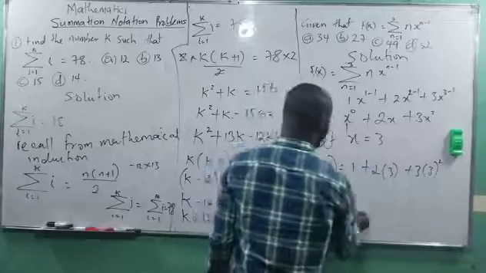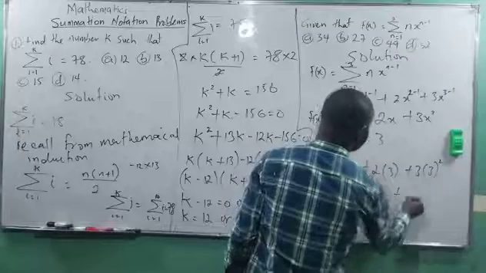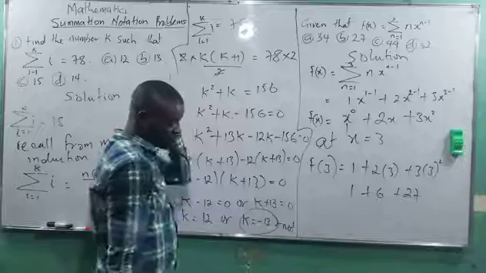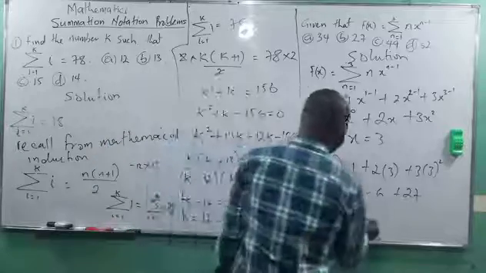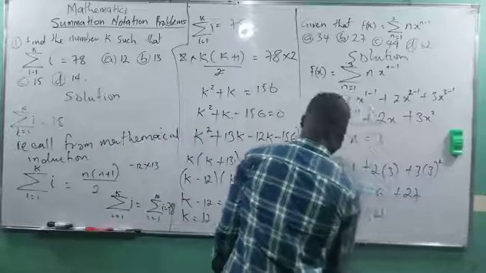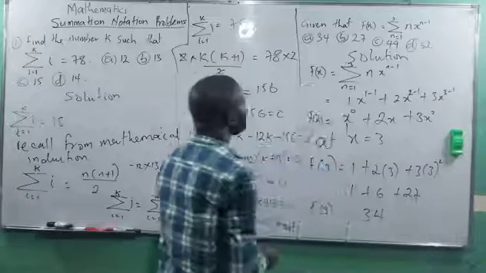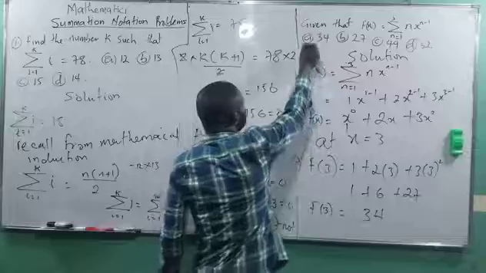At this junction, I'll have 1 plus 6 plus 27, which is 34. So my function of 3 equals 34. That should be option A.